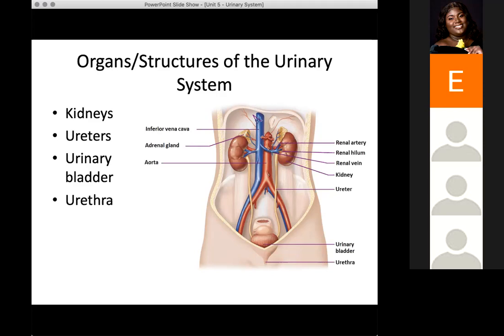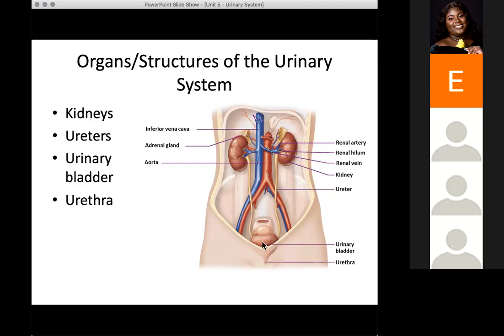These are paired tubes that carry urine from the kidneys to the bladder. If you look at the diagram, you can see that each one extends down from the medial side of the kidney right here, and it extends all the way down to the bladder, which you can see down here.